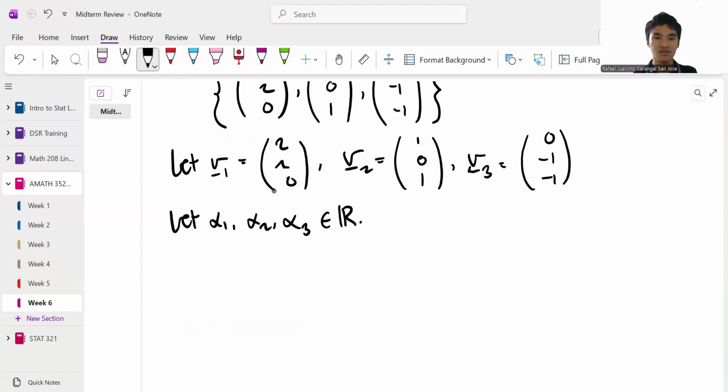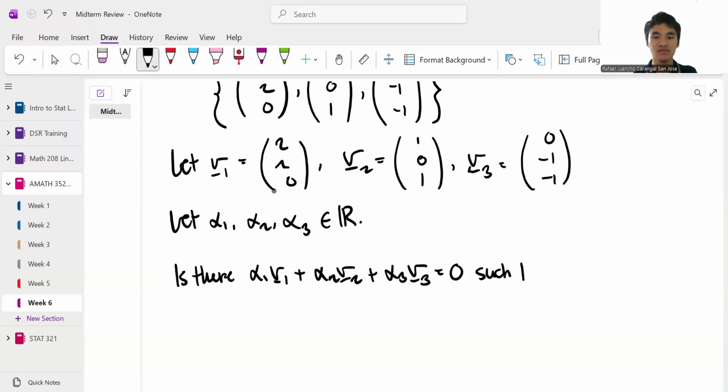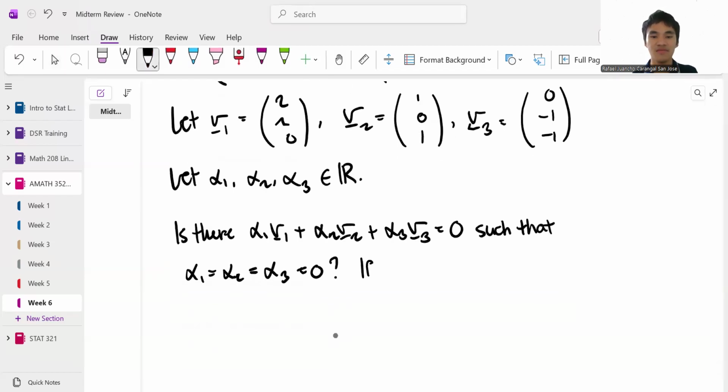So we ask, is there alpha 1 v1 plus alpha 2 v2 plus alpha 3 v3 equals 0 such that alpha 1, alpha 2, alpha 3 are not all zero?